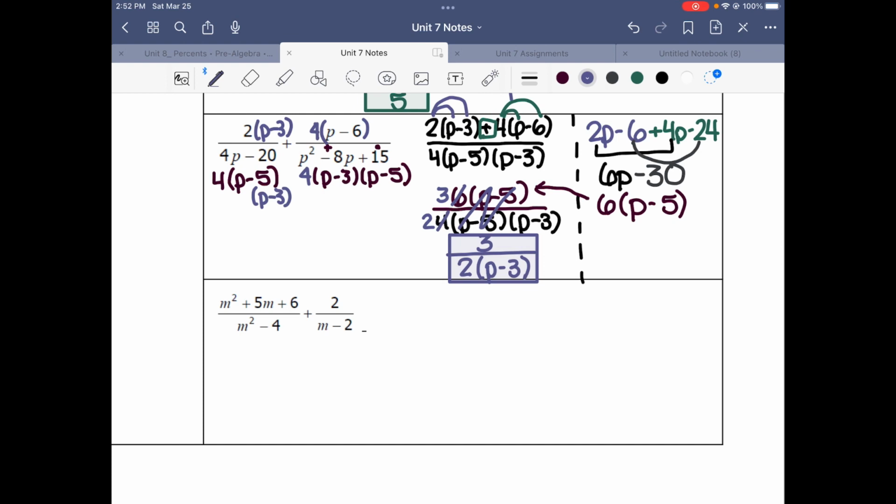All right, last question. This one is my favorite type of factoring on the bottom, difference of squares. The reason it's my favorite is you don't have to ask yourself what multiplies to something. You just do the square root of m squared, which is m, the square root of 4, which is 2, and make one of them m plus 2 and the other one, m minus 2.